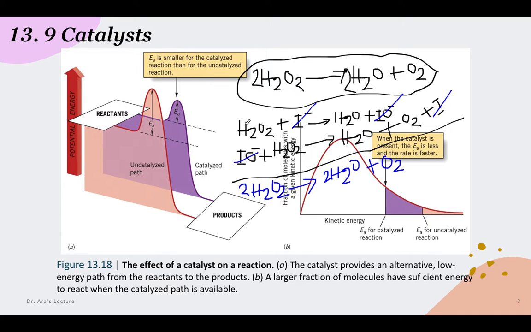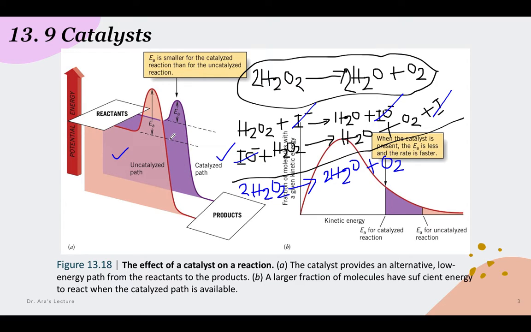Yes, if we look into this reaction, let's consider this hydrogen peroxide decomposition. Here is an uncatalyzed and here is a catalyzed path. As we mentioned, the uncatalyzed form is much slower than the catalyzed path. So what does the catalyst actually do? Catalyst affects the total activation energy.